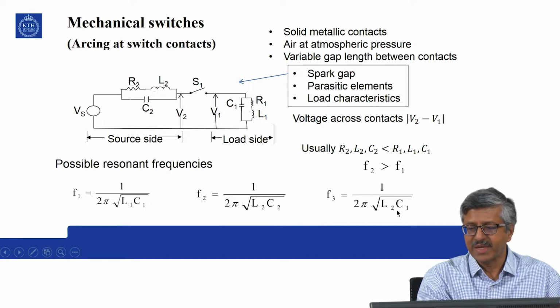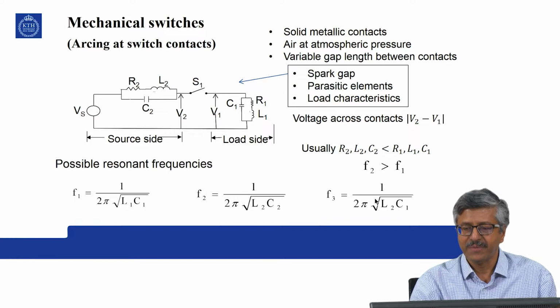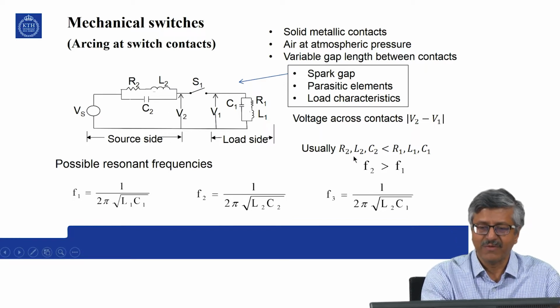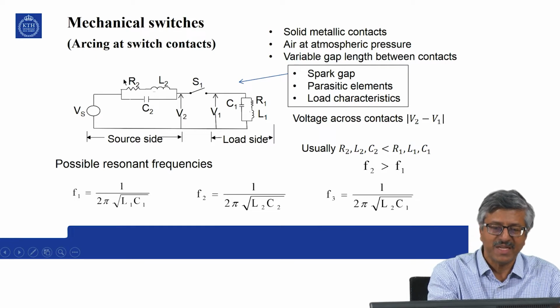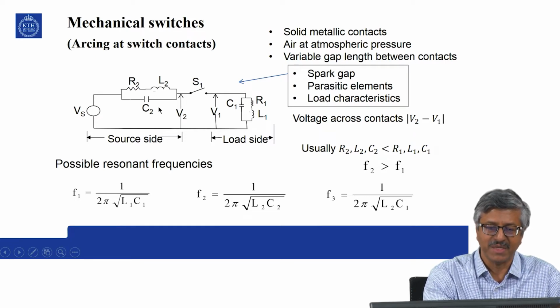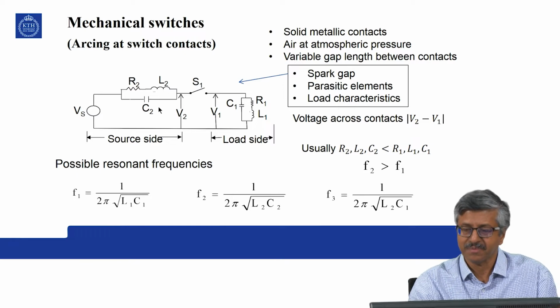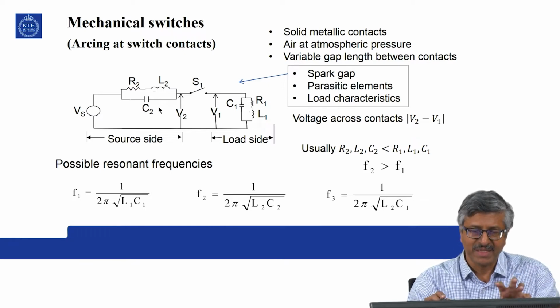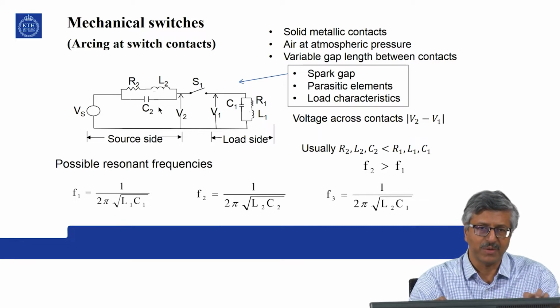So, L2 and C1. So, likewise you can find several resonance frequencies, and usually R2, L2 and C2 are far less than these values, because these are load, more intentional. These are mostly represented by the parasitic elements leading up to the switches. So, I am talking of the switch and the connected circuitry that are required to mount the switch onto a bus bar or some other things.